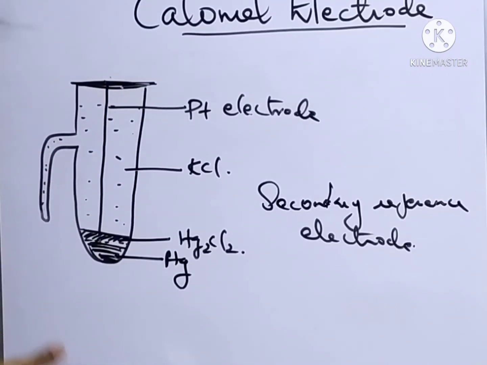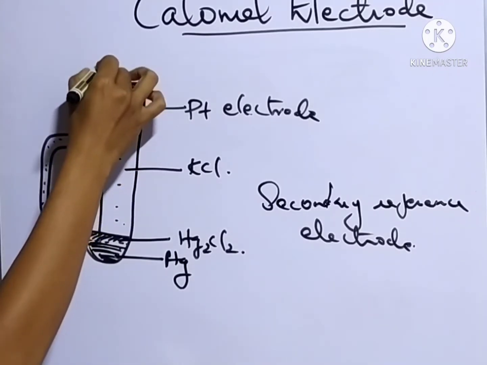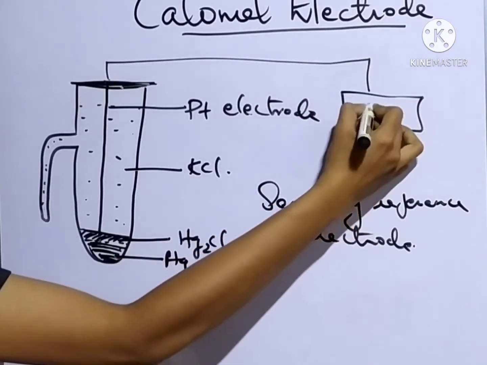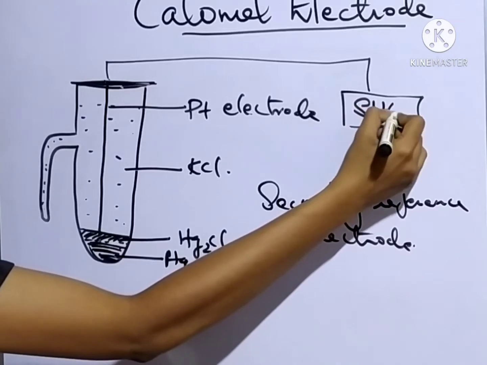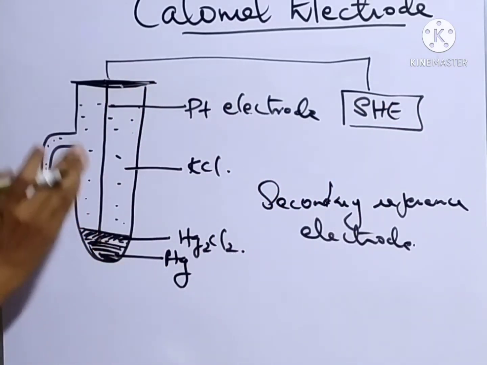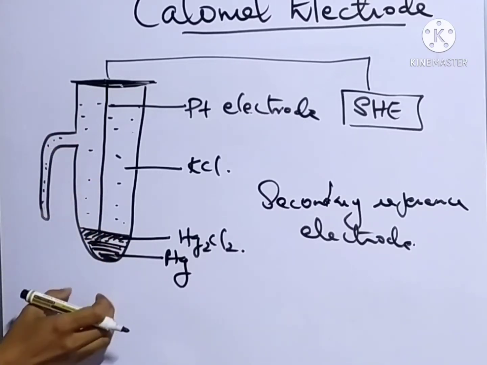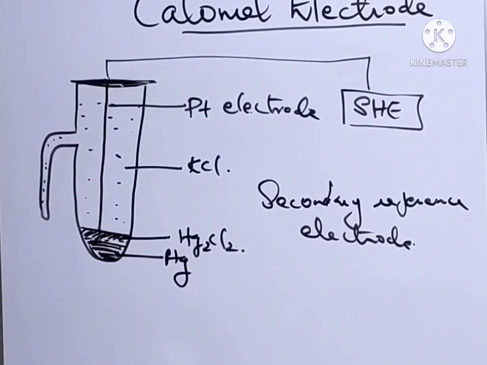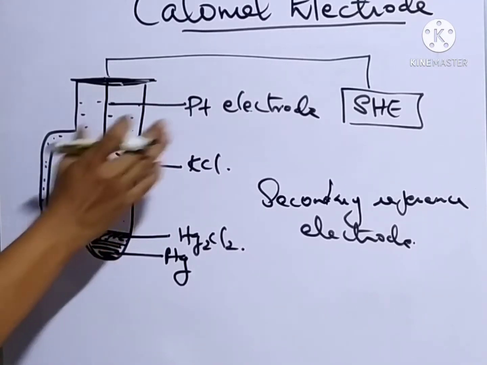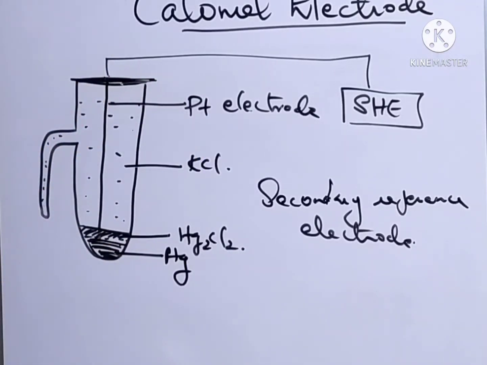So we pair this calomel electrode with the standard hydrogen electrode, and then find out its individual electrode potential. After finding it out, we can use it as a reference electrode. That is why it is classified as a secondary reference electrode.